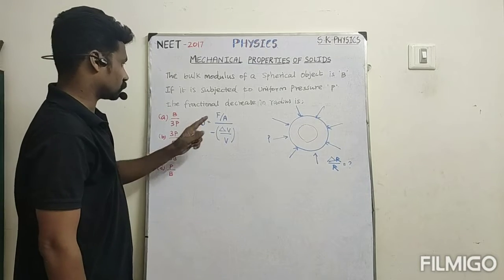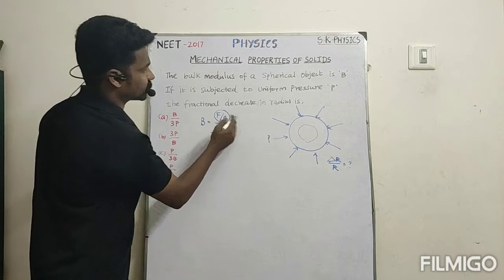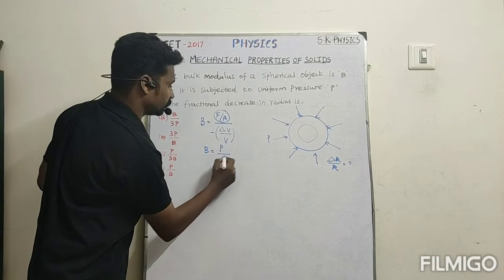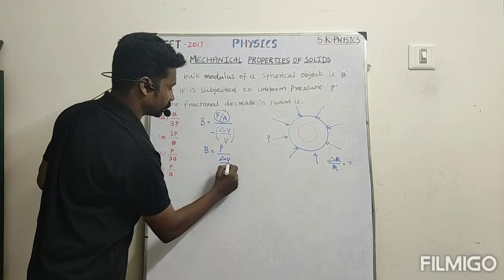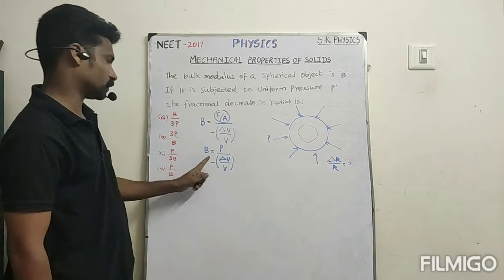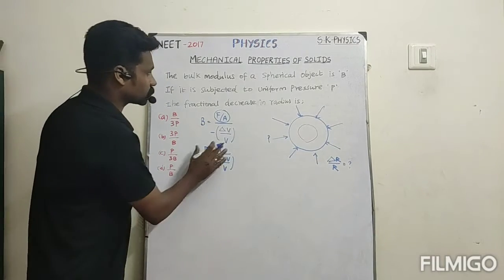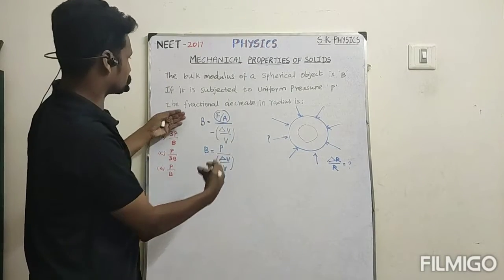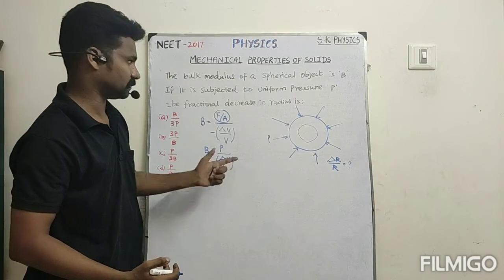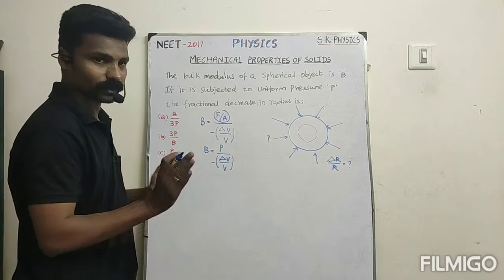The force acting perpendicular to the surface is the pressure. So we can write B is equal to P divided by delta V divided by V. Here the volume is going to reduce, but since I am going to calculate only the fractional decrease in the radius, I don't bother about this minus sign now.